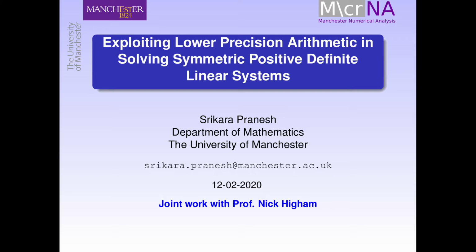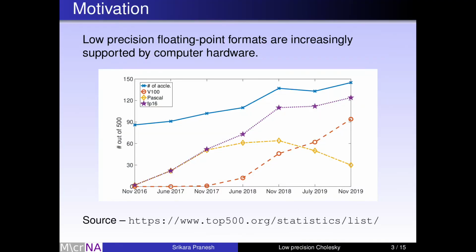Just to give a little bit of background, why is talking about low precision floating point formats important? This plot I have generated using the Top500 lists. Since I've just started it from 2016, that's when the deep learning boom started. One thing you can observe is that the number of systems out of the Top500 which have accelerators in them is increasing.